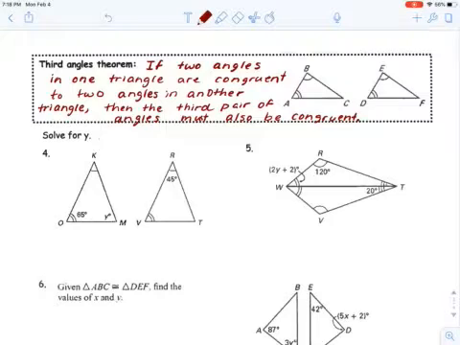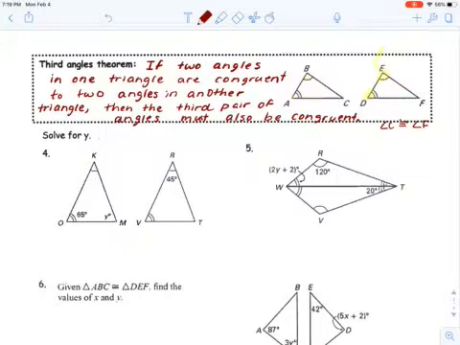Here, A is marked congruent to D and B is marked congruent to E. So we have two angles in one triangle marked congruent to two angles in another triangle. And so this theorem allows us to make a conclusion that the third pair, so that means C and F, must also be congruent. So angle C must be congruent to angle F based on the third angles theorem.